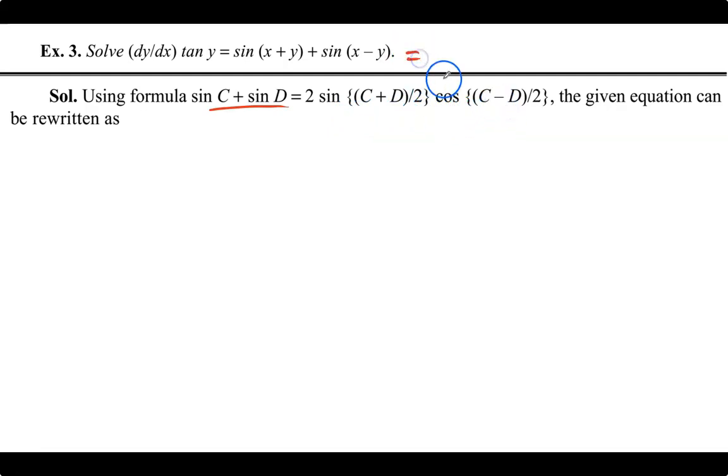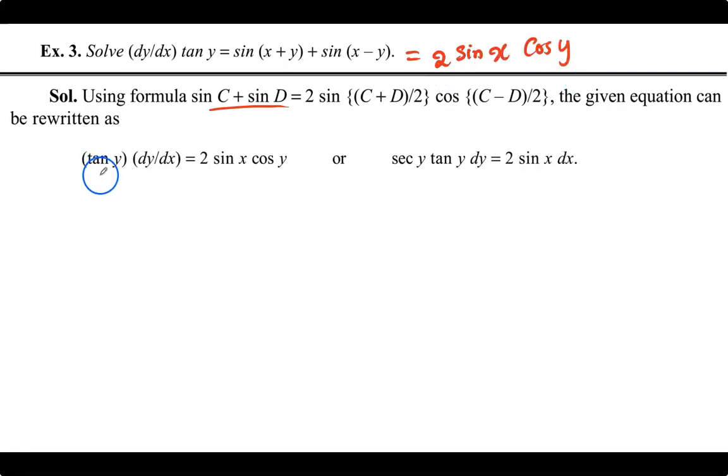Then we will have the RHS of the given equation equal to 2 into sine of x cos y. So we can express the given equation as tan y into dy by dx equal to 2 sine x cos y. Now let us rearrange these functions.